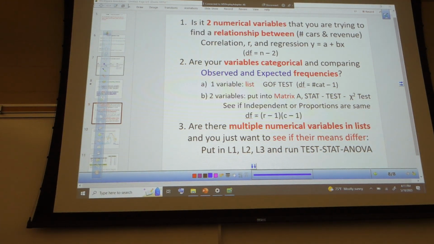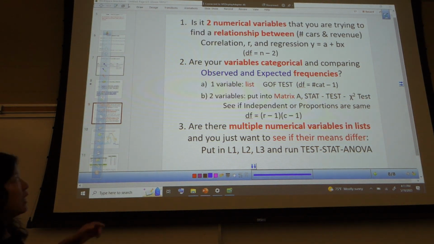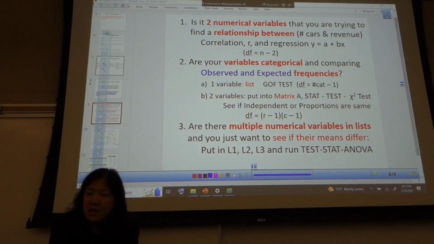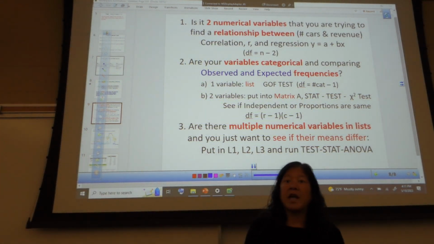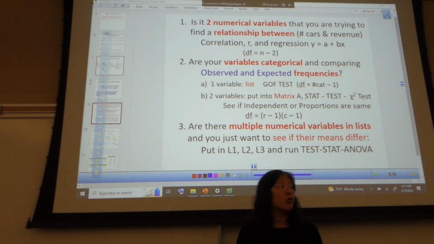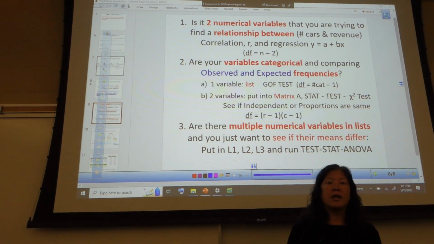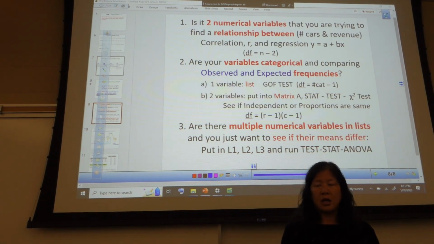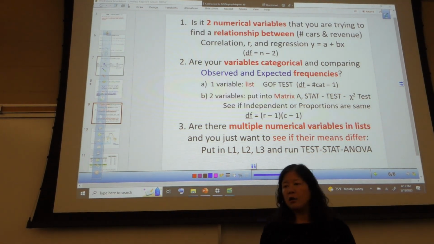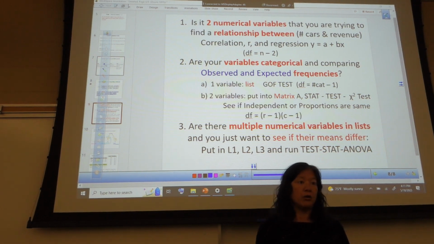So first we're going to take a look at the variables. So variables are, what do you know about each of the people in your sample? Think about what question was asked of each person in the sample, and not really the question, but the answers. Are the answers numbers, numerical, or are the answers categories? Like blue, red, green, those are categories. 14, 12, 6, those obviously are numerical.